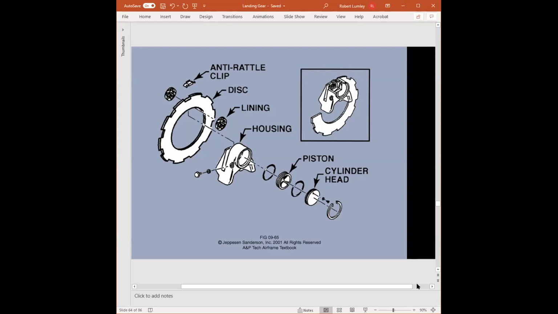One of the things about how these brakes are designed is that sometimes, where the pad touches the piston, there's a piece of cork as an insulator, because the pad's going to get hot.